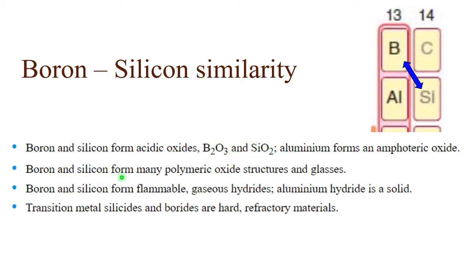Boron and silicon form many polymeric oxide structures in glasses. Boron and silicon form flammable gaseous hydrides. Transition metal silicides and borides are hard, solid refractory materials, often with no fixed composition.